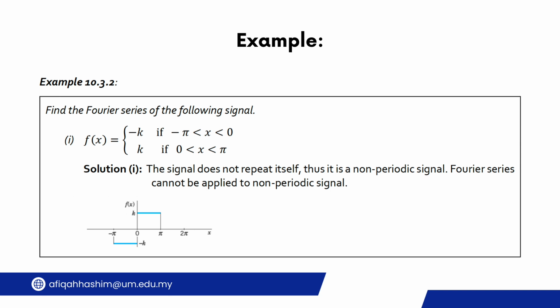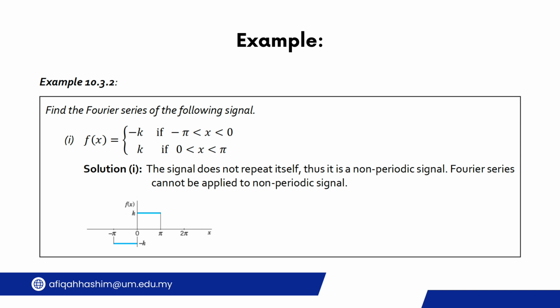So for example here, find the Fourier series of the following signal. f(x) is equal to negative k for x between negative pi and 0, and k for x between 0 and pi. The signal does not repeat itself.